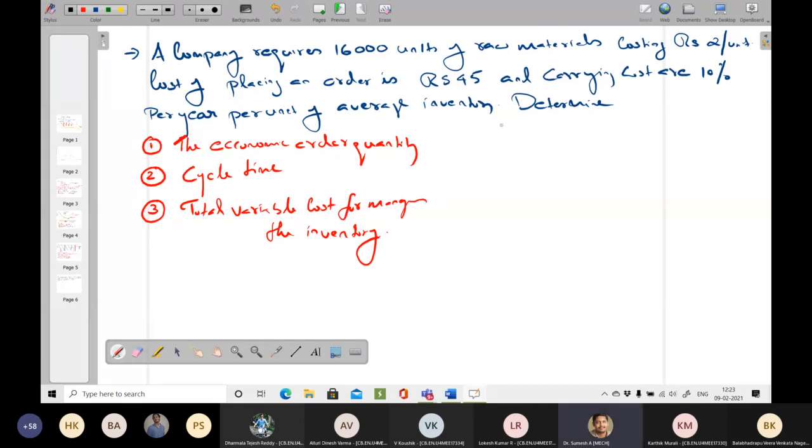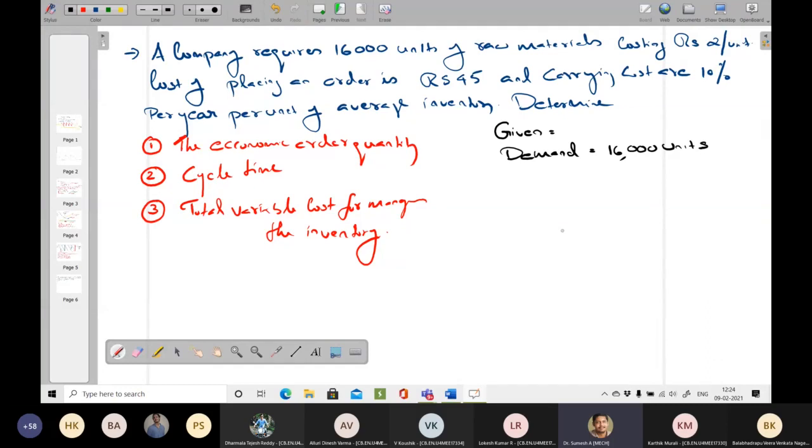So what are the given data? Annual demand is given, 16,000 units. Cost of placing an order is given. Unit cost is given. And inventory carrying cost is also given.